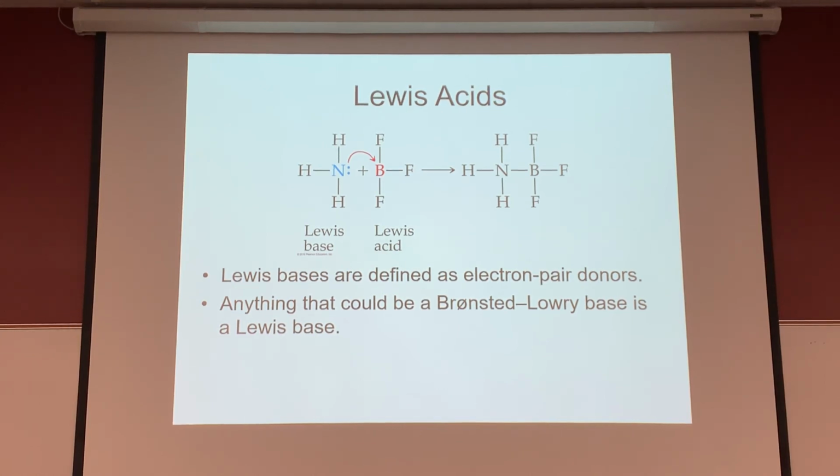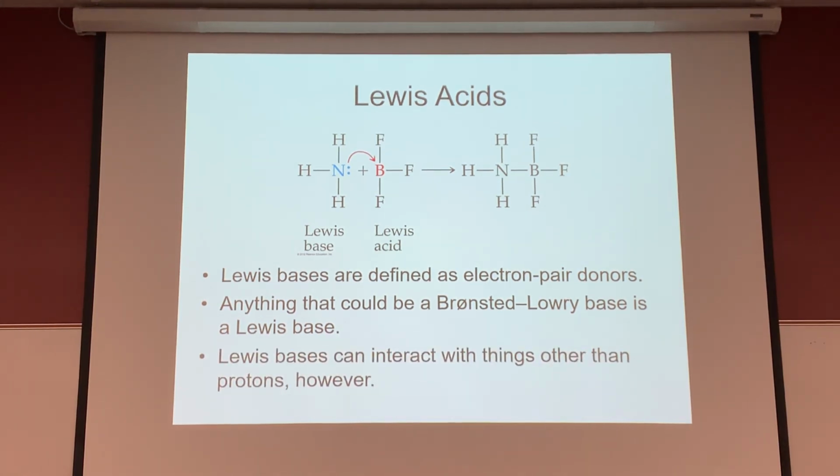Okay. And remember that the Bronsted-Lowry bases are ones that accept protons. So that's this last statement, that if it fits into that category of accepting protons, that means it has extra electrons that can be donated. Okay. Vice versa. Pardon?